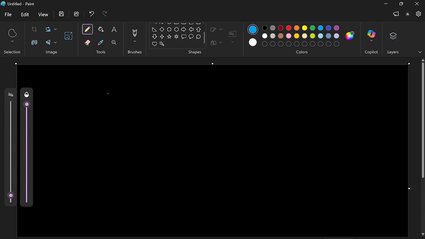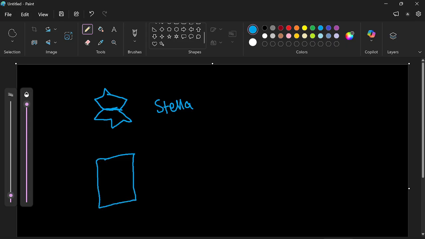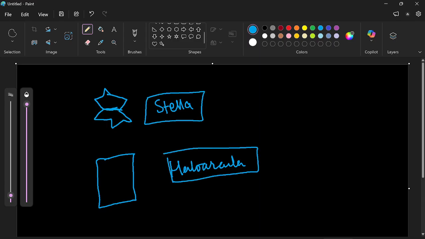The star shaped ones look like this. I don't know if I'm right, but they look like this. We also call them the stella. The rectangular shaped ones can be mentioned as Haloarcula. These are one of their forms, names.